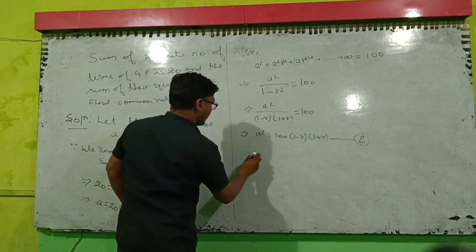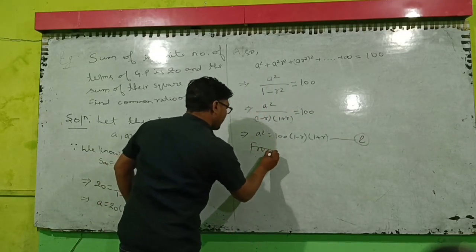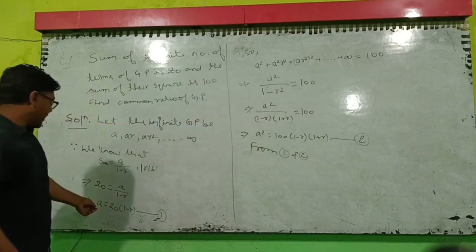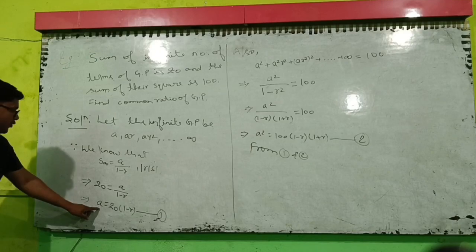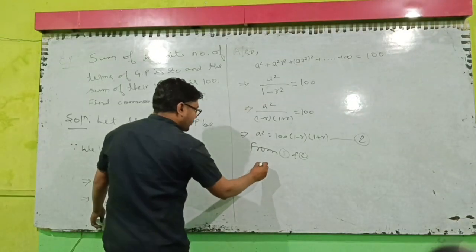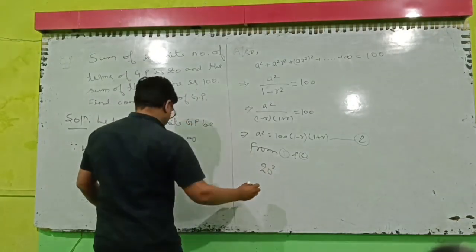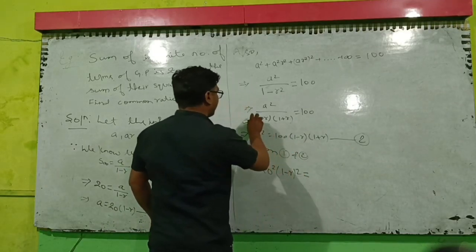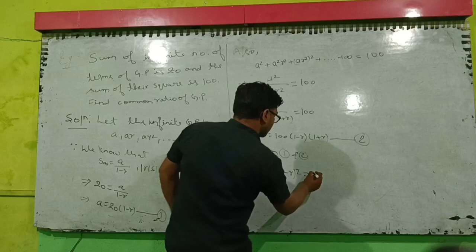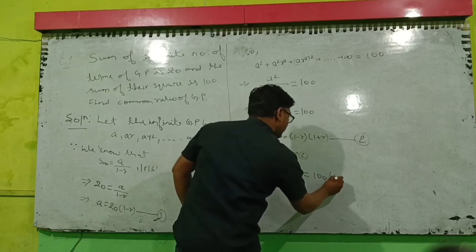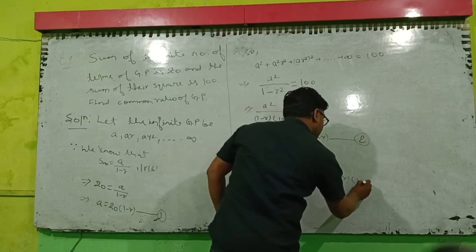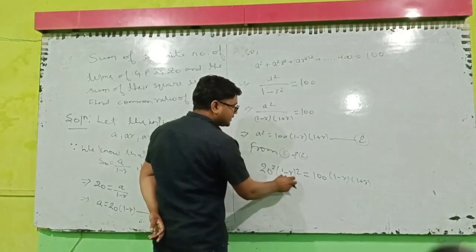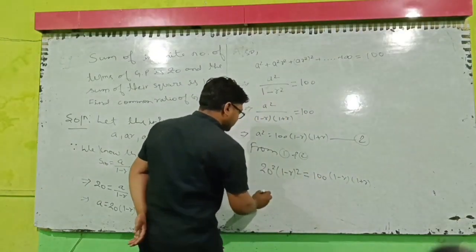This is equation number 2. Now from equations 1 and 2, by squaring both sides of the first we get a square equals 20 square times 1 minus r whole square, and from 2 we get a square equals 100, 1 minus r and 1 plus r. Now here we see that on both sides 1 minus r are common terms.